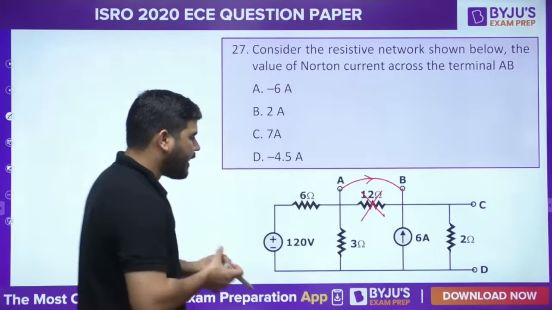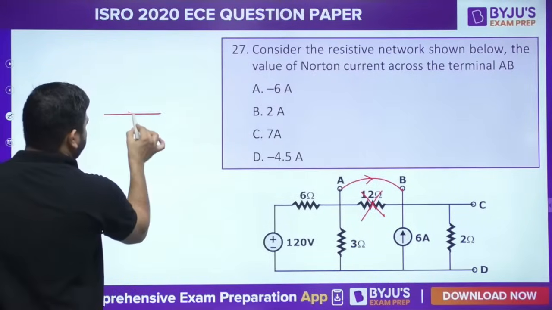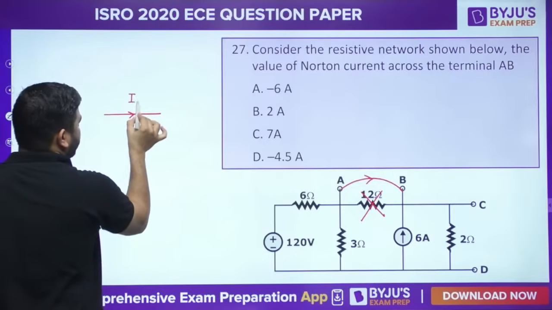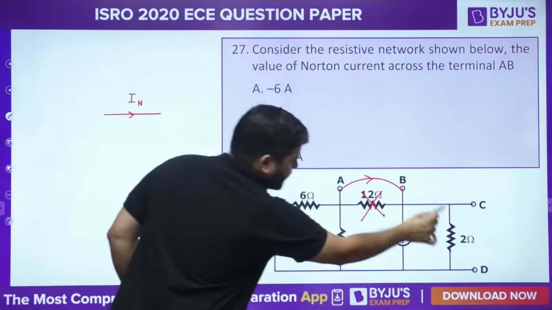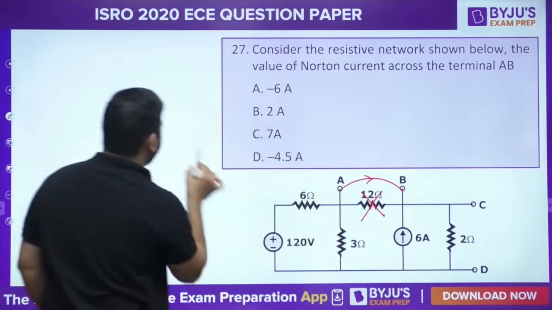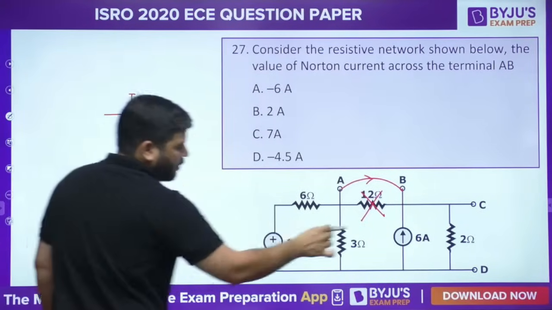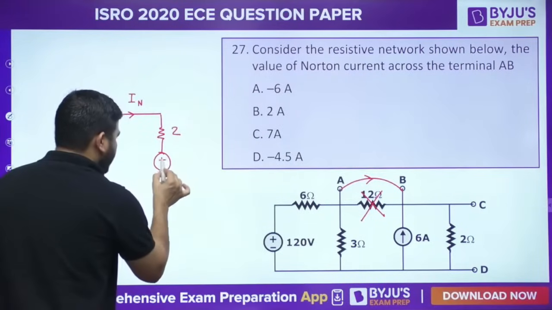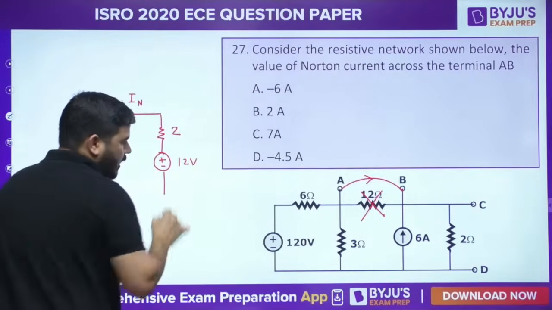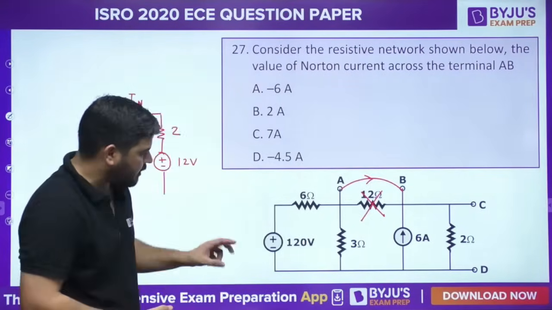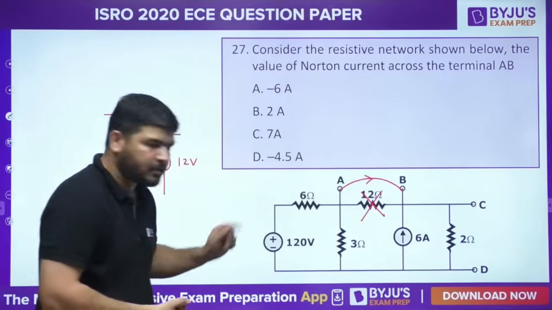So what I can do is from A to B, there is a short branch. I need to calculate this current, I Norton. And on this side, I can combine these two branches. So the resistances will be in series, and you have one voltage source of 12 volt. Now on this side, again, you have 6 ohm, 3 ohm and 120 volt.